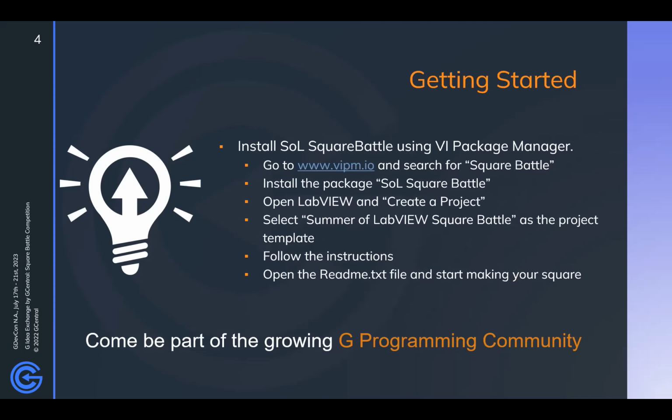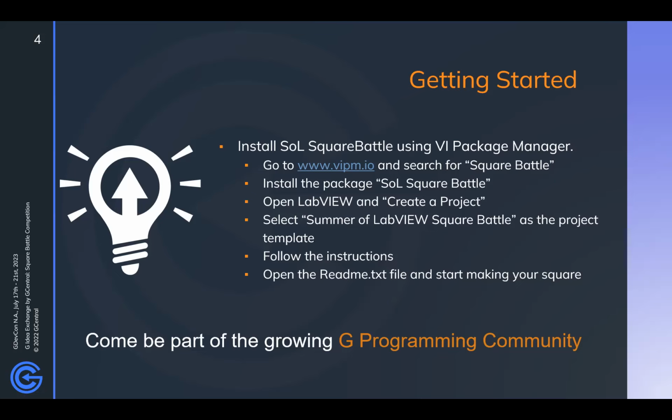If you want to get started, all you need to do is install the Summer of LabVIEW Square Battle using VI Package Manager. You can go to vipm.io and search for Square Battle. You can install the package, open LabVIEW and create a project. I can show this if people would like to see that.